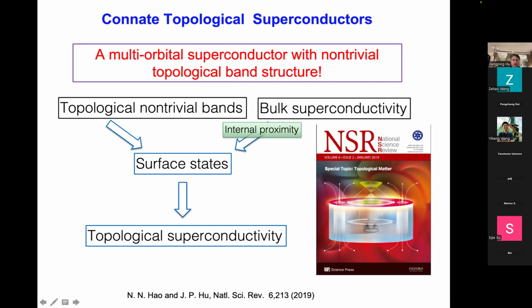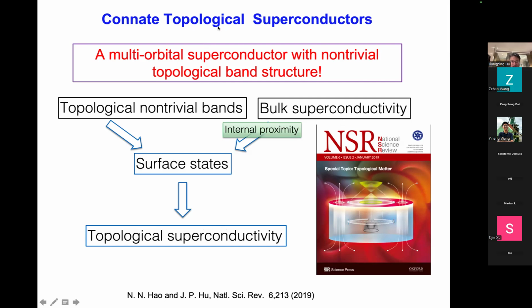This is different from combining two materials, like a topological insulator plus a superconductor. Here it is a single material that already has this topologically non-trivial surface state, and it is already a superconductor.